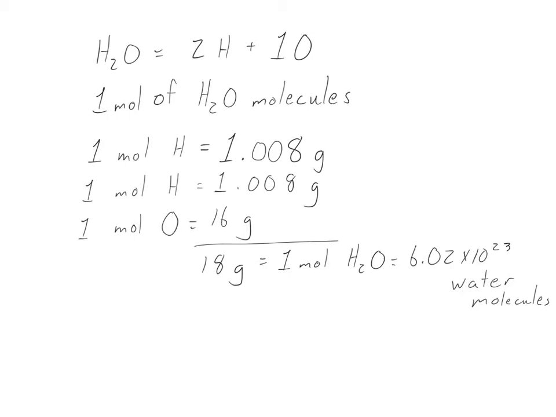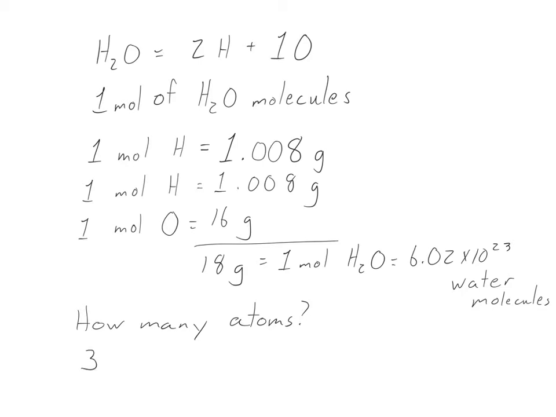Now, when it comes to how many atoms, there's going to be more atoms than there are molecules. So if I have that many water molecules, how many atoms do I have? Well, I'm going to have 3 times as many because every molecule is going to come with 3 atoms.